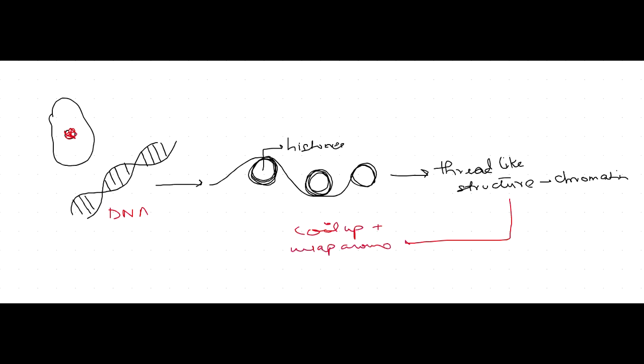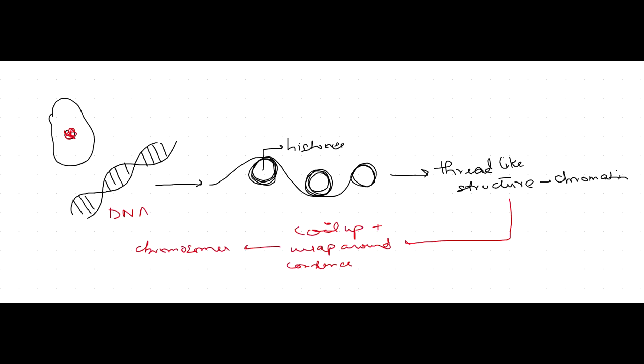And all of the chromatin will condense and give you your chromosomes. So chromosomes are simply the condensed form of DNA. All the DNA has been condensed, and it has all come together to give you your chromosome. That is what chromosomes actually are.